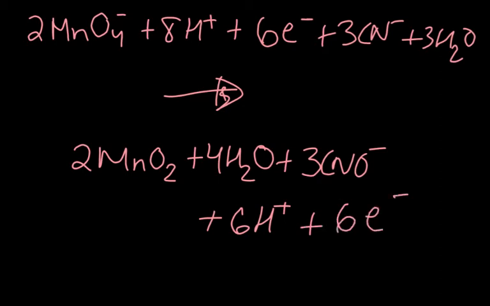Okay, so this is where it may get a little tricky, but if you just follow along, you'll be fine. So we can cancel out the 6 electrons, right? Now if you notice, the difference between the basic solution and the acidic solution is that there should be OH minus in the reactions. However, there is none.